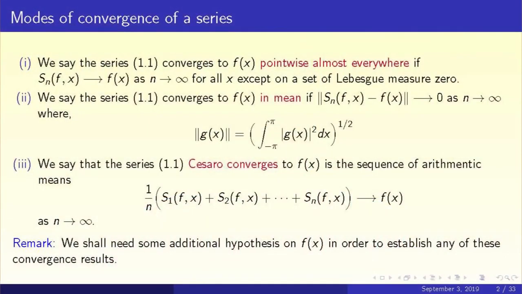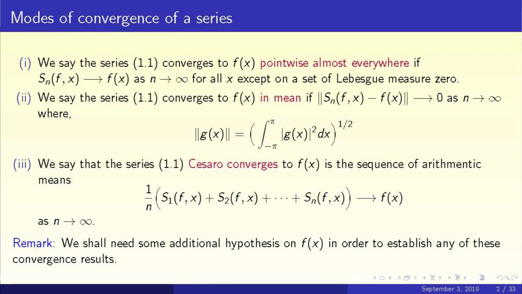We say that the series 1.1 converges to f of x pointwise almost everywhere if the partial sums Sn f(x) converge to f of x. In other words, for every x, Sn f(x) converges to f of x. It's the usual notion of pointwise convergence of a series of functions.